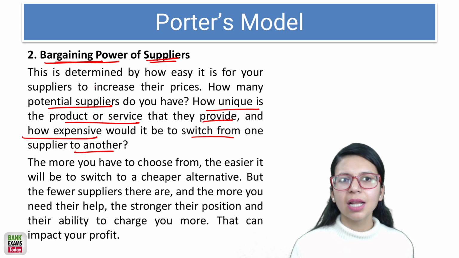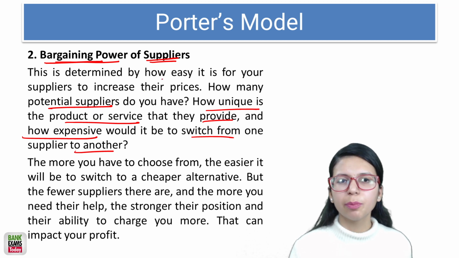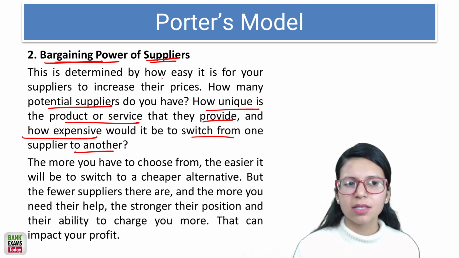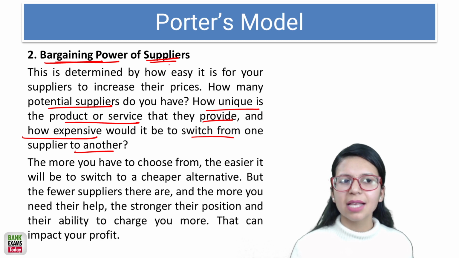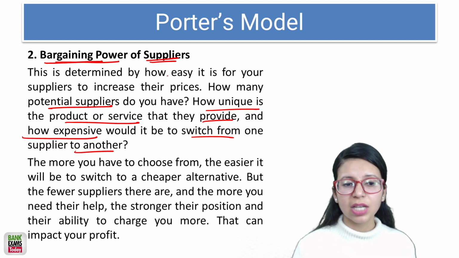If the supplier gives us products at cheaper rates and the quality is good, the supplier has more bargaining power, and can charge us high.